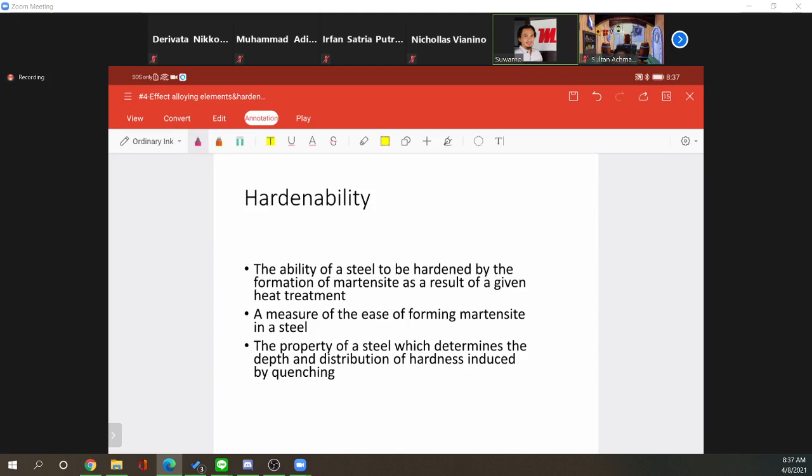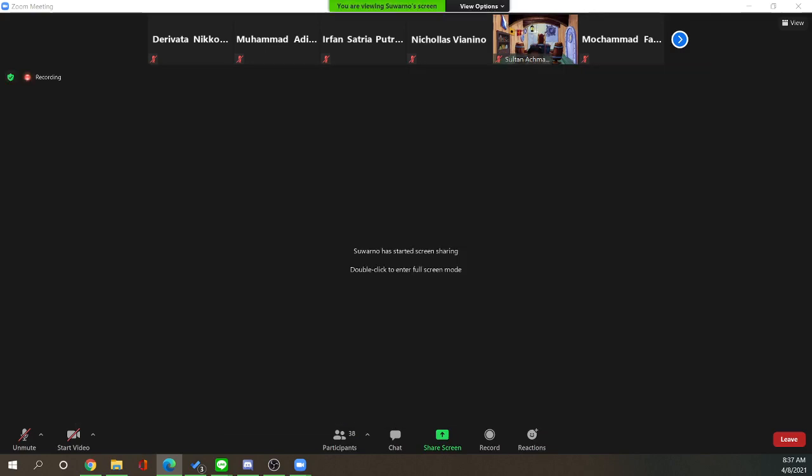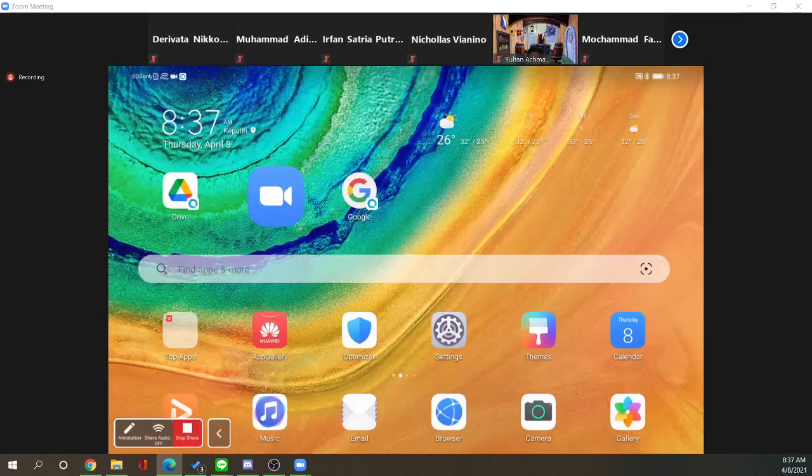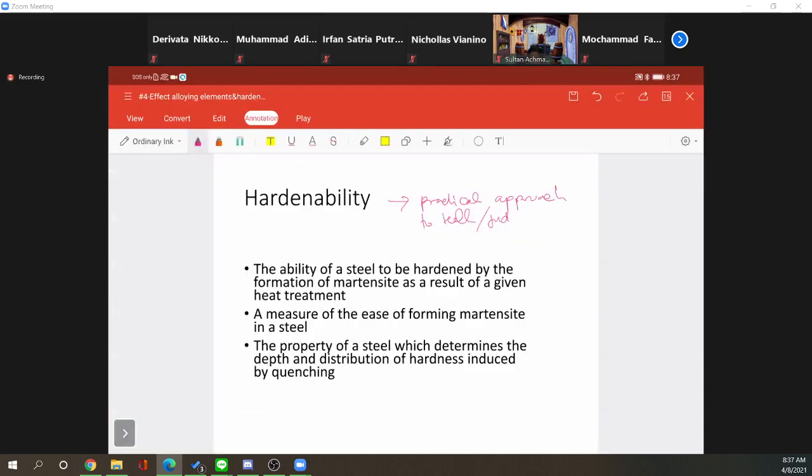An alloy can be hardened. Therefore, you need a practical way to judge how easy or difficult an alloy is to be hardened.